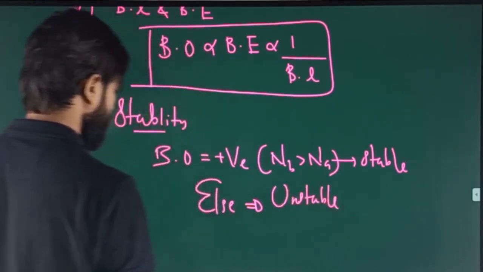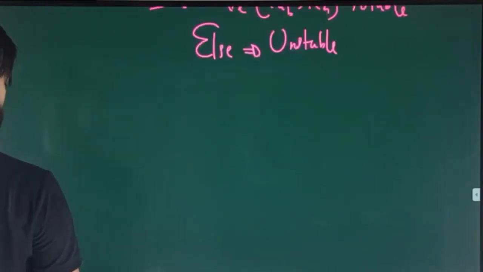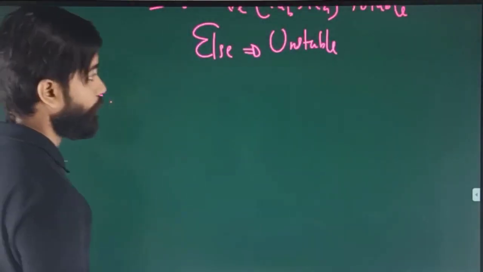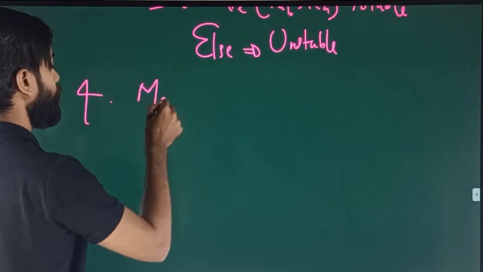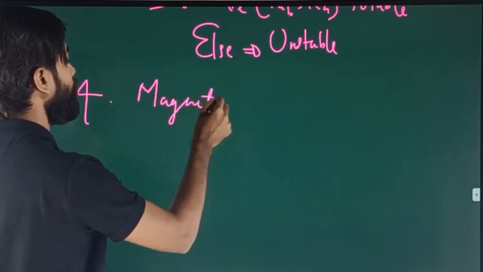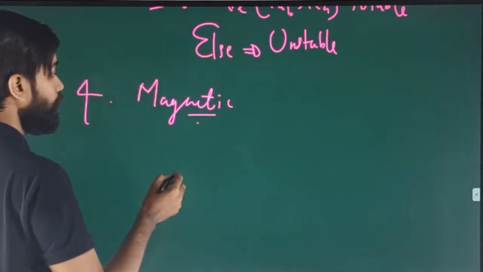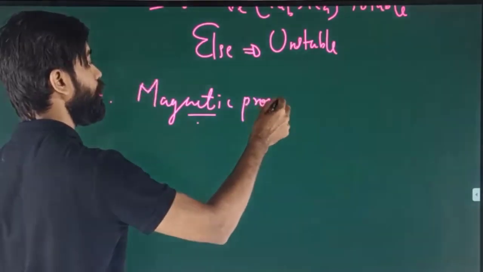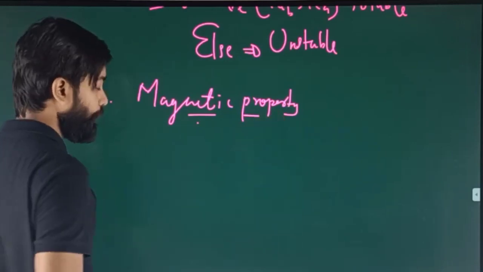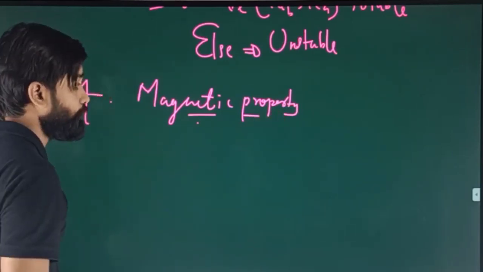Okay. In the next application, we can easily predict the magnetic property. Based on magnetic property, the main classification is paramagnetic and diamagnetic. So magnetic property is also described by this. Okay. So listen.